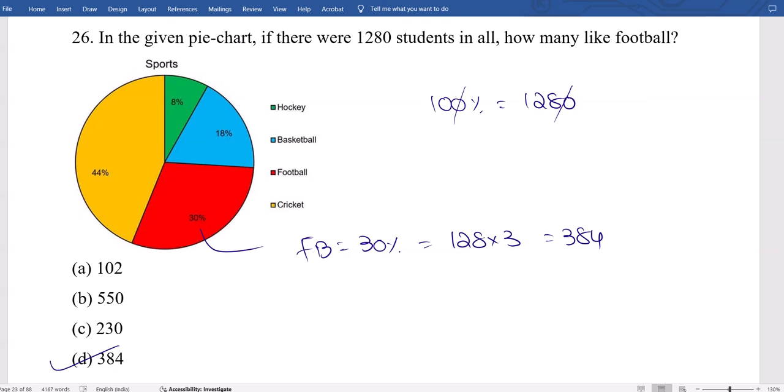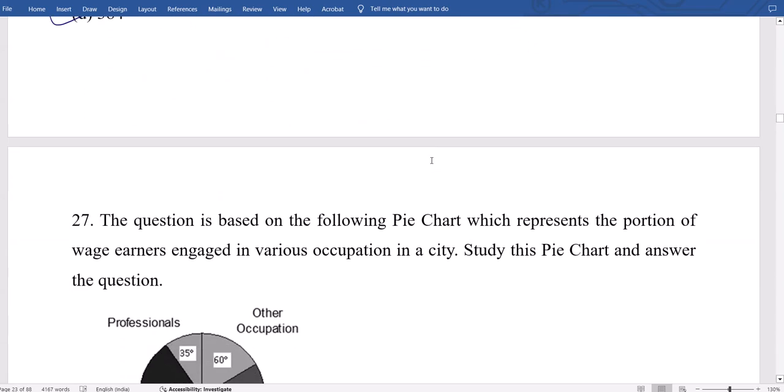So how many like football is 384. Right, so that's about the pie chart related question.